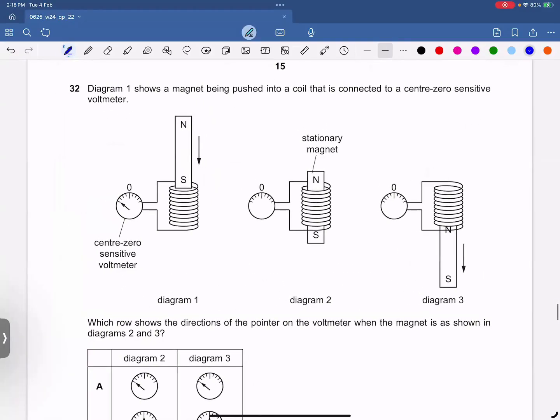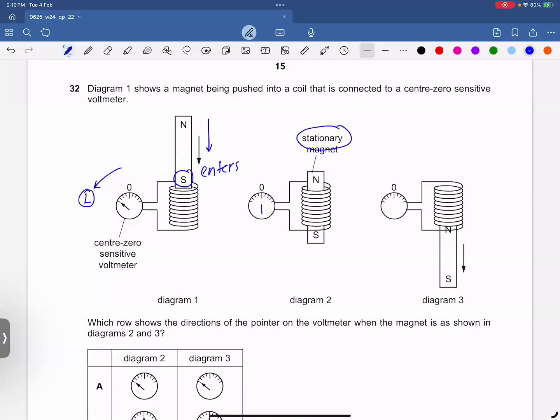Again, electromagnetic induction. Diagram 1 shows the magnet being pushed into the coil that is connected to a center zero sensitive voltmeter. So look, my dear students, when the magnet south pole enters, the deflection is to the left side.